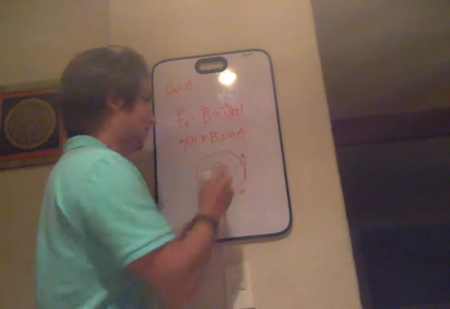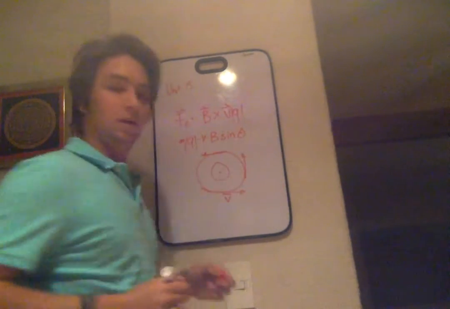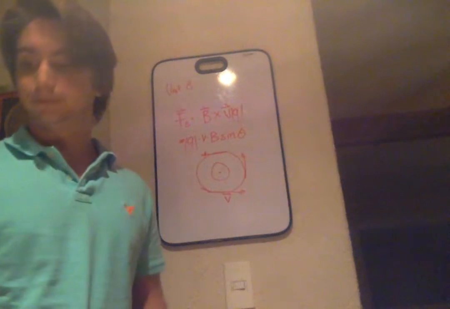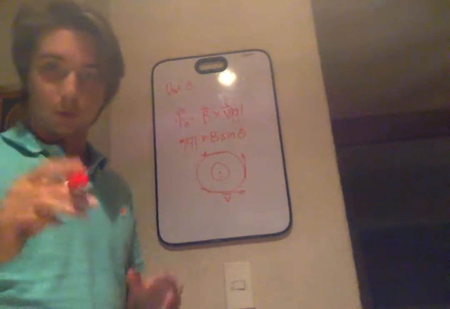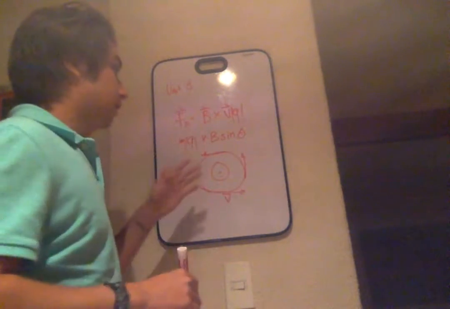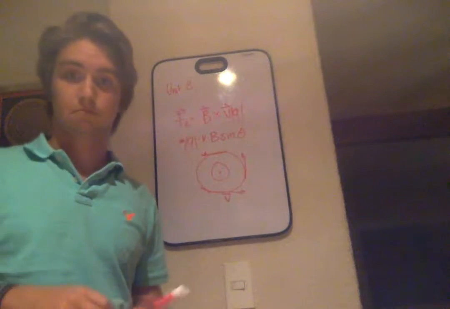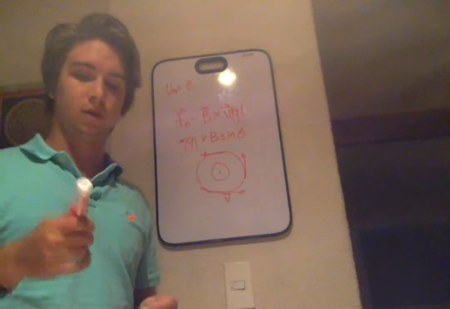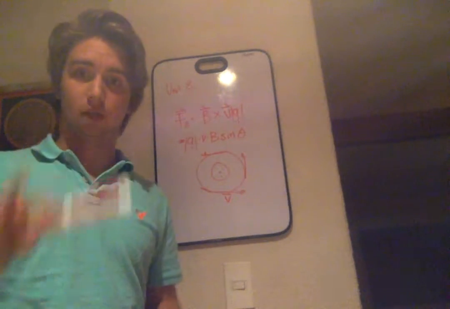So that's the motion of the particle, that's the velocity of the particle. What we can see here is that it's very similar to circular motion, and we can use the circular motion equations to understand a lot of things.